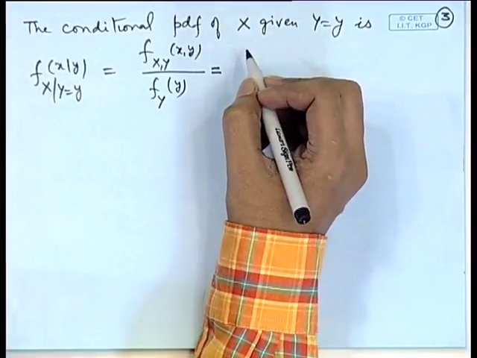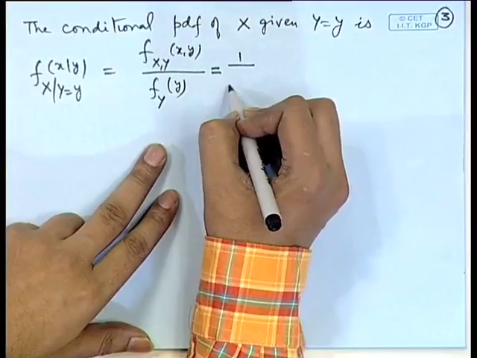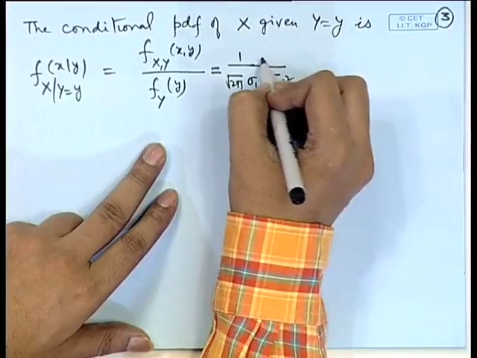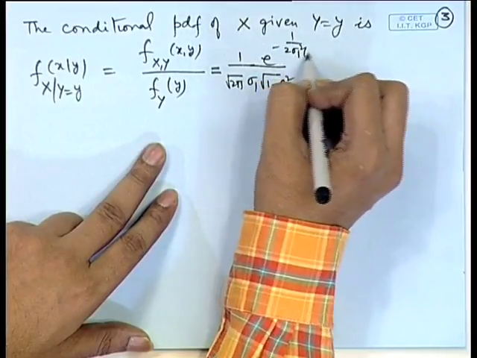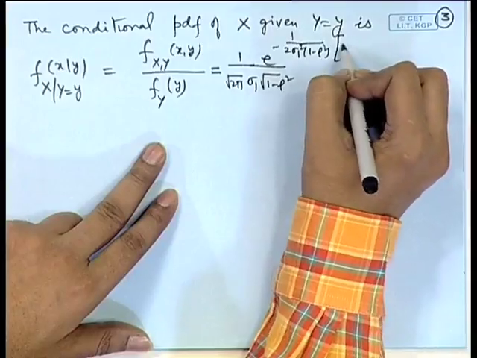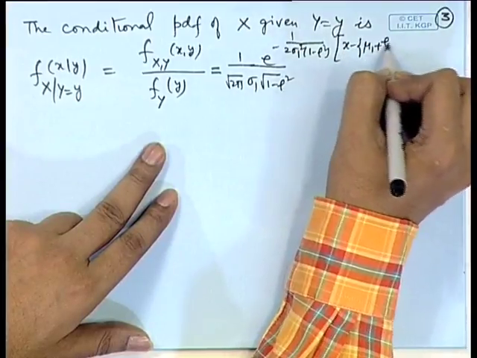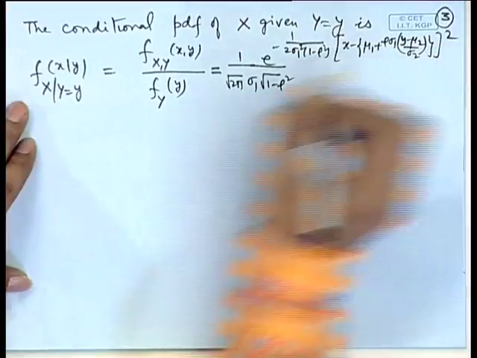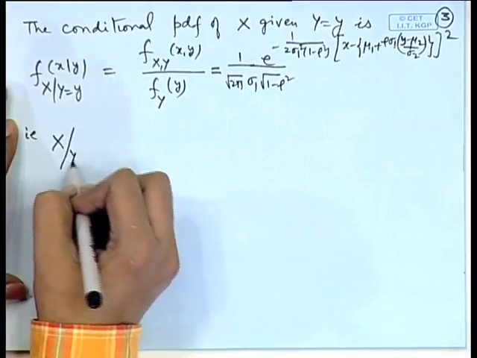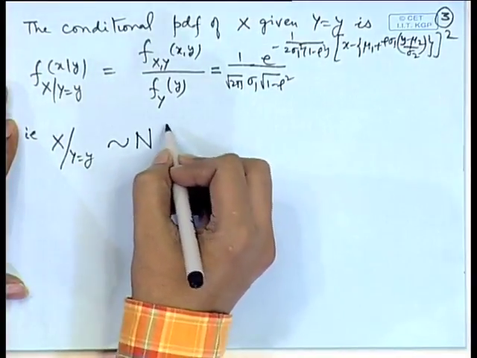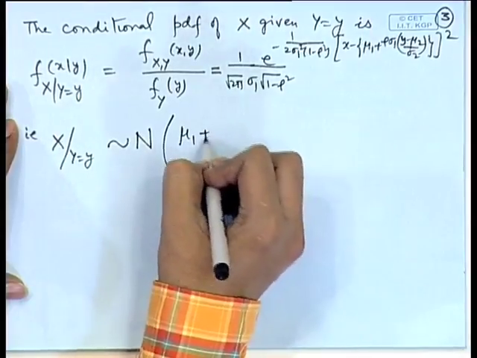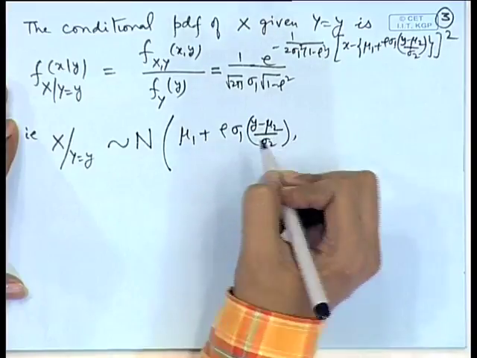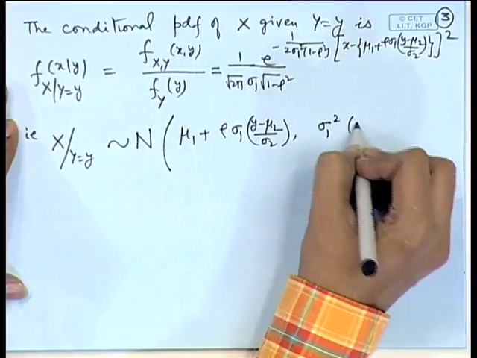After simplification it is equal to 1 by root 2 pi sigma 1 root 1 minus rho square e to the power minus 1 by 2 sigma 1 square 1 minus rho square (x minus mu 1 plus rho sigma 1 (y minus mu 2) by sigma 2) whole square. That is, we can say that x given y equal to y follows normal with mean mu 1 plus rho sigma 1 (y minus mu 2) by sigma 2 and variance sigma 1 square into 1 minus rho square.